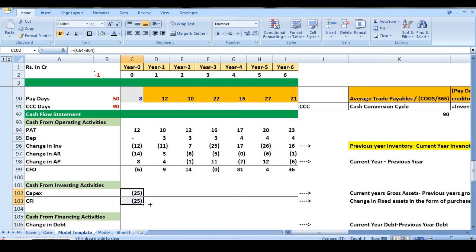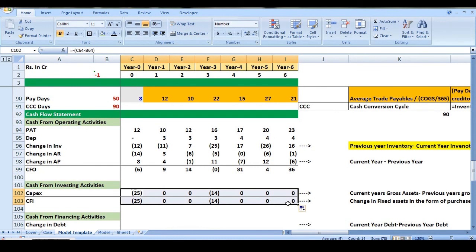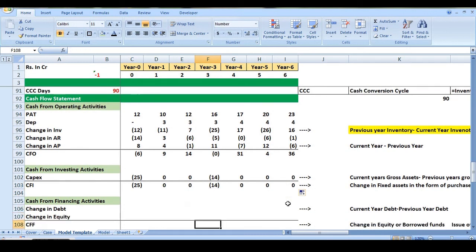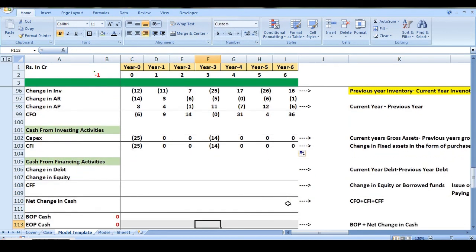Now you can drag it for the rest of the years to calculate cash flow from investing activities. And very rightly, in year 3 we can see there is a cash outflow for capex of 14 crores.